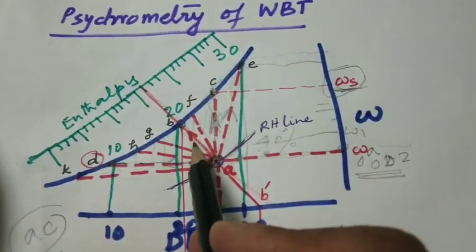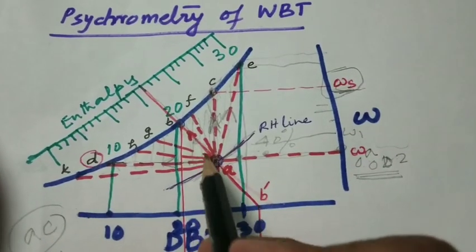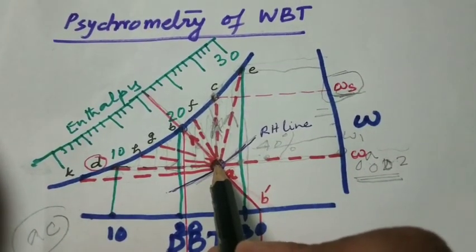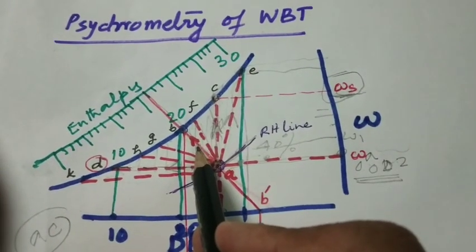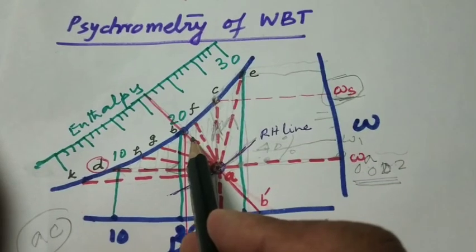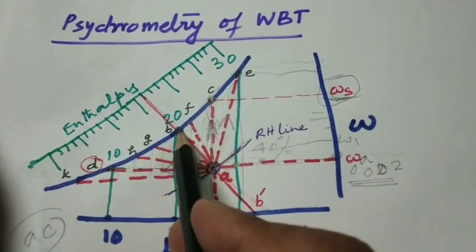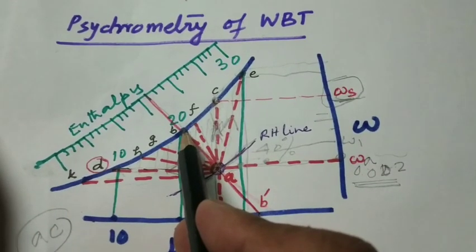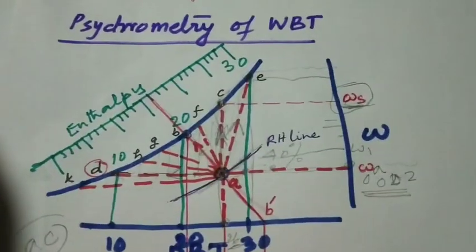So this particular point has higher humidity and lower temperature. Much higher humidity and much lower temperature: the maximum humidity and lowest possible temperature if you want to keep the enthalpy constant.